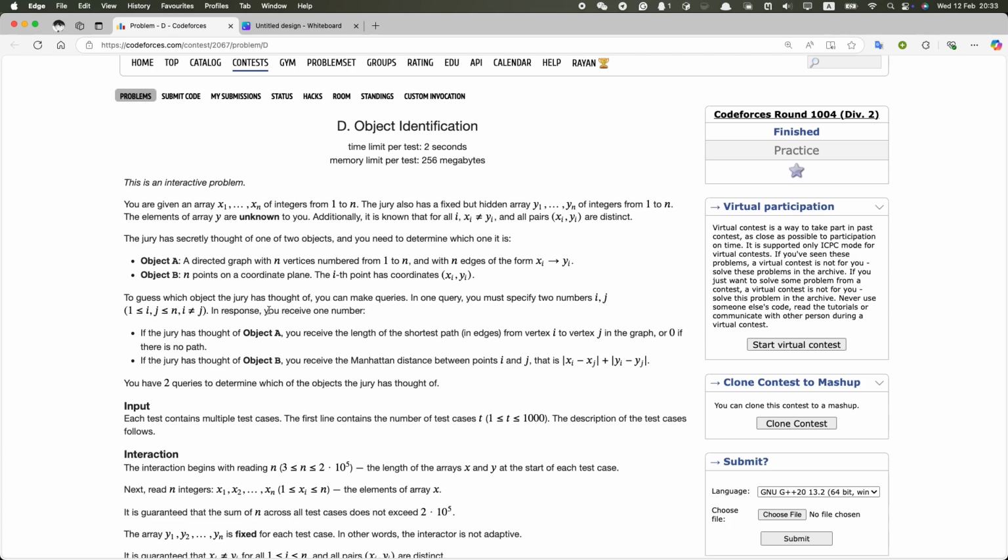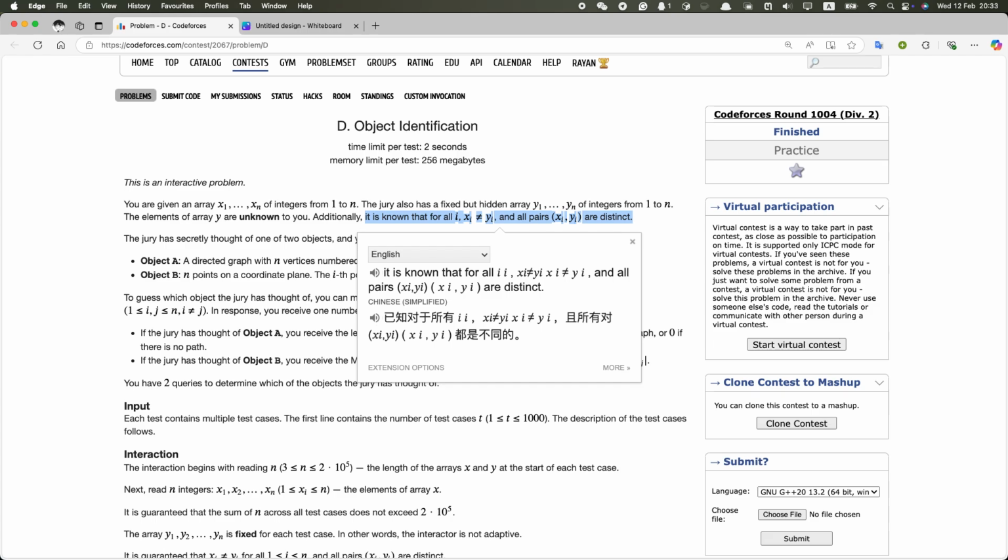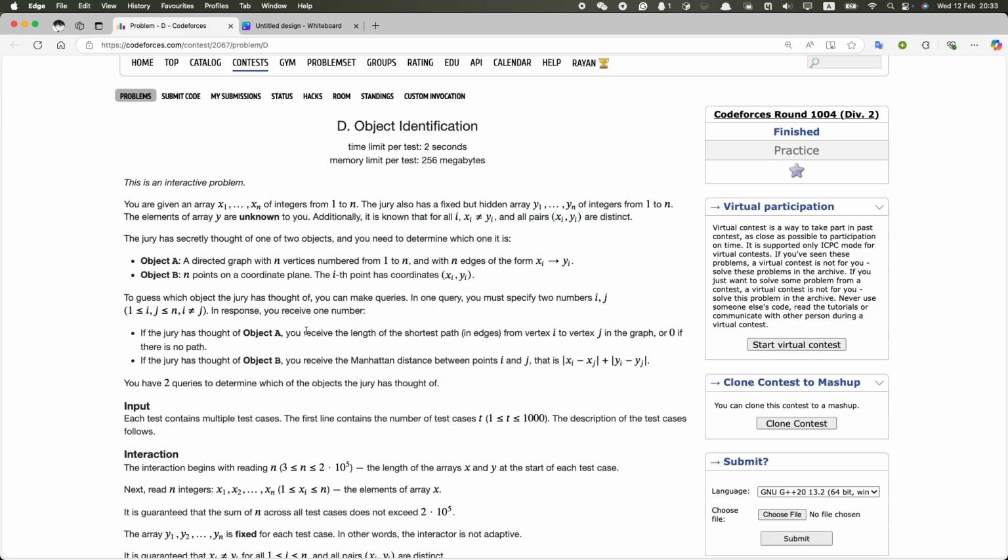So I think this condition is the most important. If we query A and B, and the response equals 0, which means the object must be the first object.